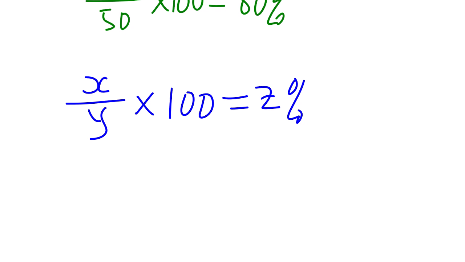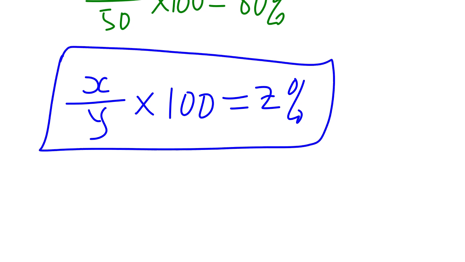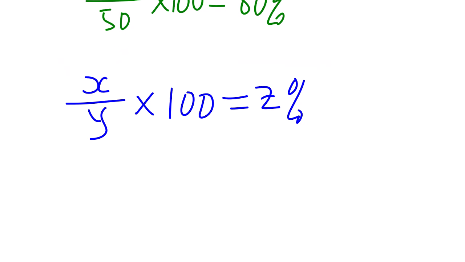When questions come, try to know which one is X, which one is Y. If you cram this formula, the problem that you will have is when you don't know which one is X, which one is Y, or which one is Z. Or they ask you to find Y instead, since this formula is working for Z, that will be very problematic, because if you don't know how to change the subject of the formula, then you are gone. So you need to know how to change the subject of any given formula.